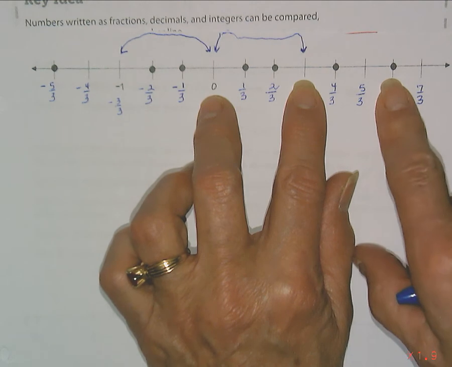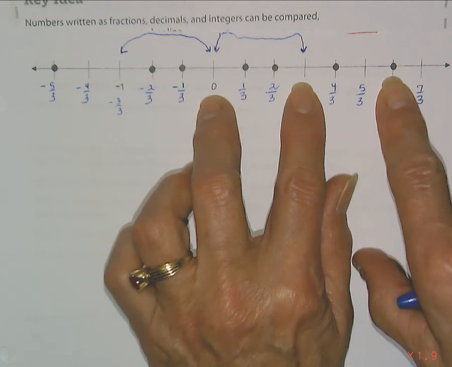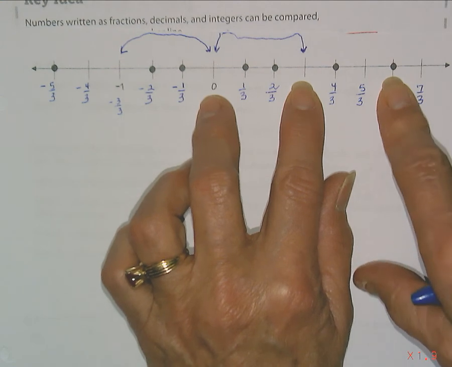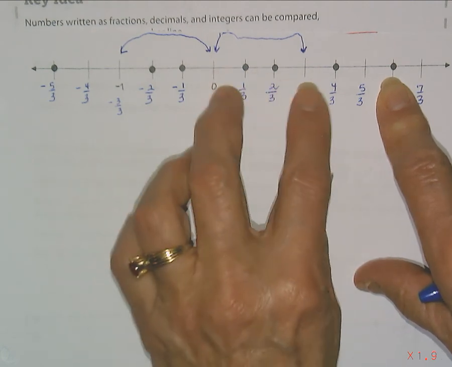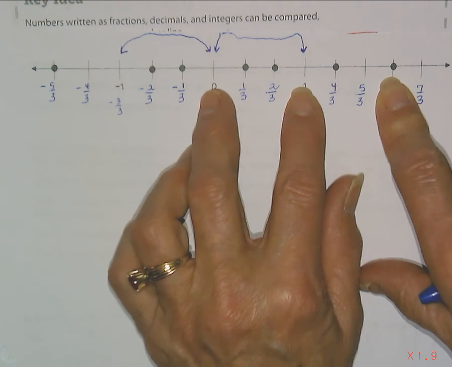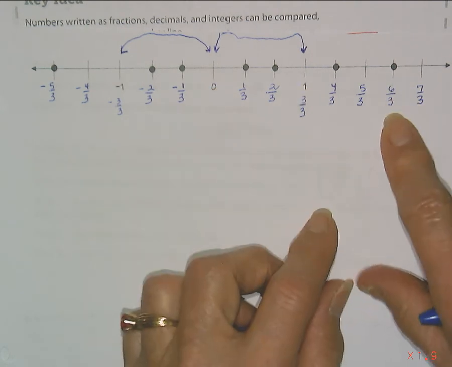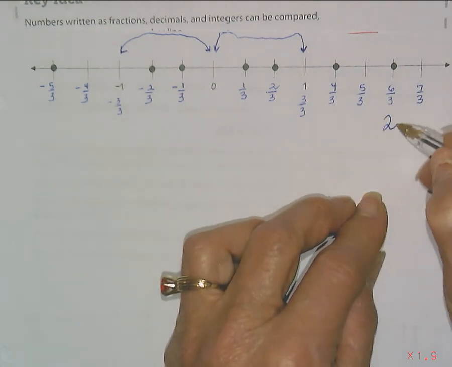So what number should be right here? If it's one whole section and another whole section, wouldn't that be the number 2? If these 3 sections all together make one whole, well, it is 6/3, but 6 divided by 3 is the number 2.